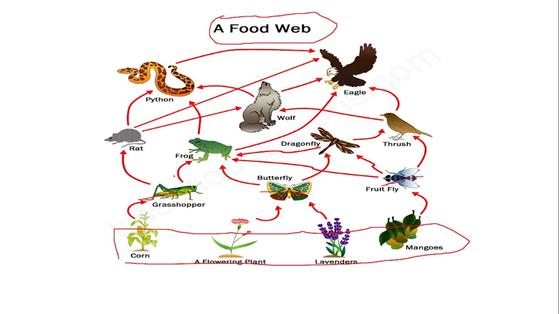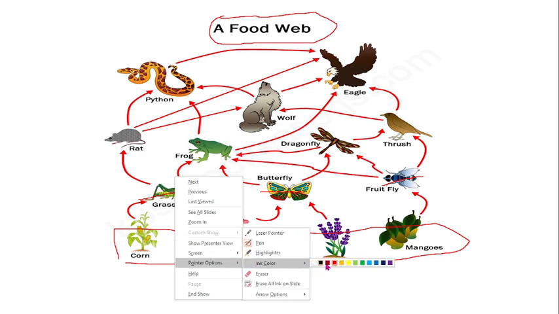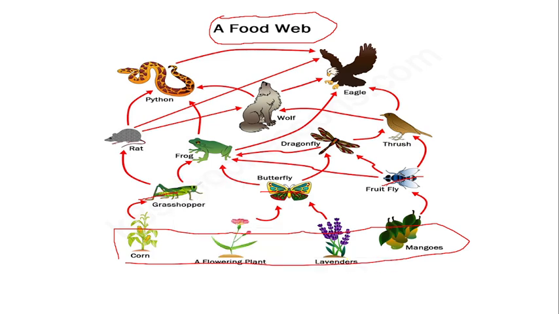But those primary consumers, let me change color. I am seeing the color is the same. Wait a little bit, I have to change color. This organism here is called a primary consumer. The other name is herbivorous because they eat grasses.